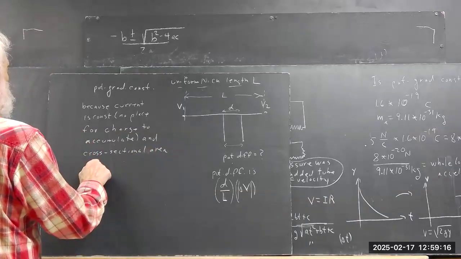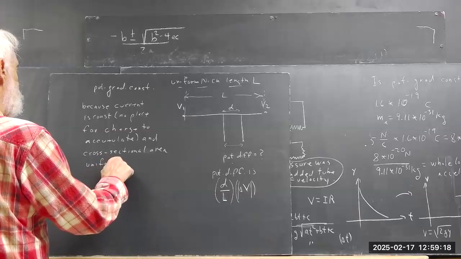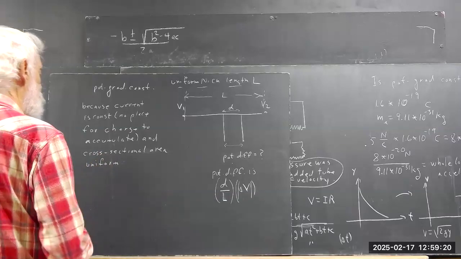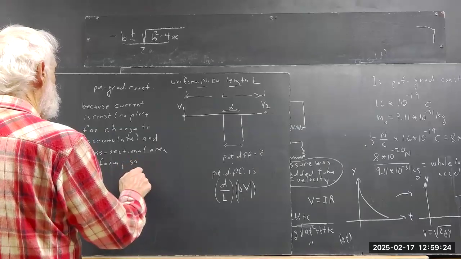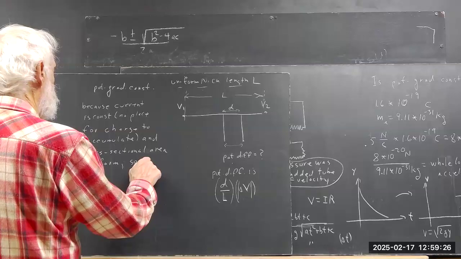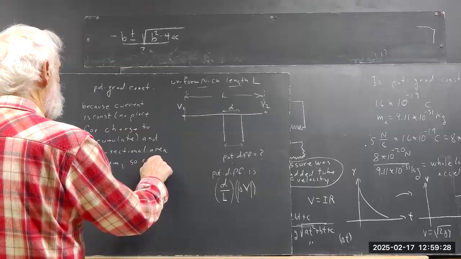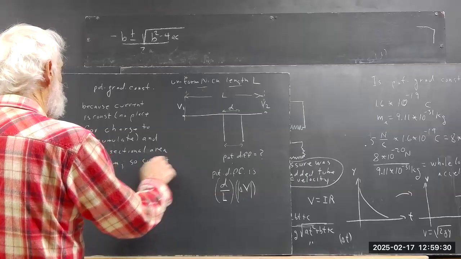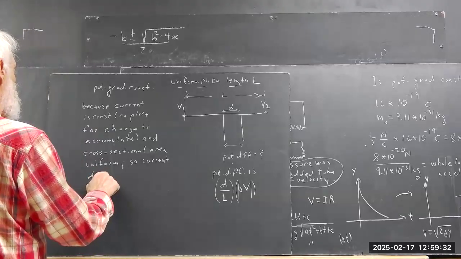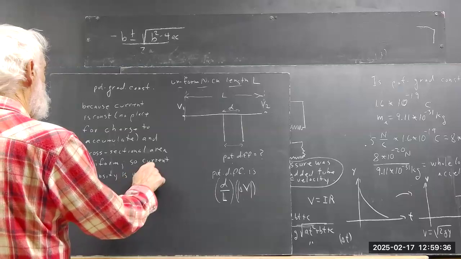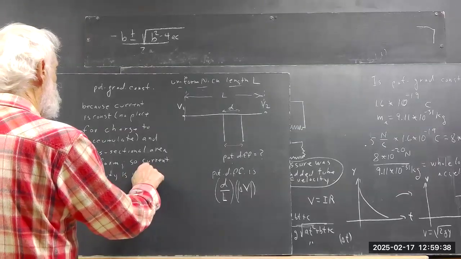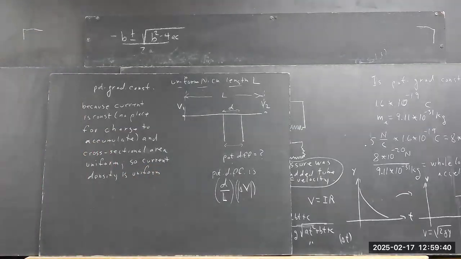The cross-sectional area is uniform. So current density is uniform.